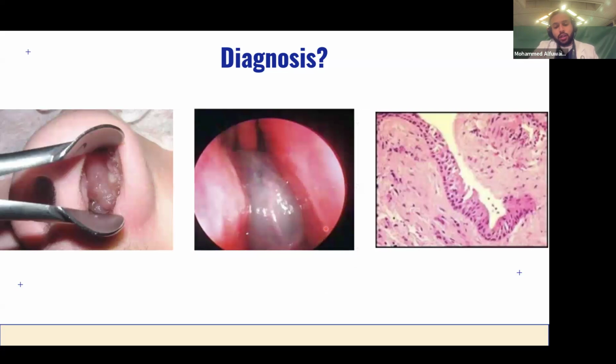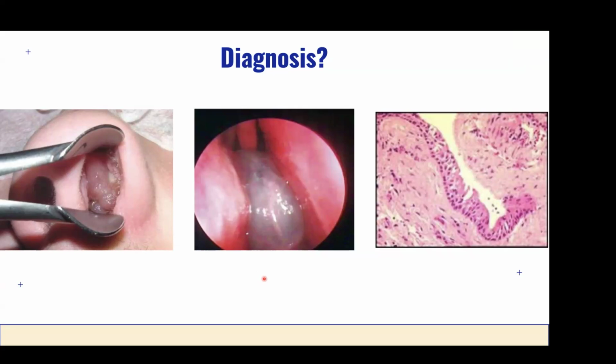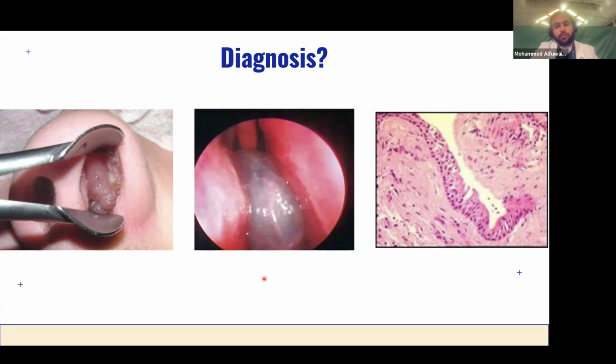Okay? Then we have over here, we look inside the nose and we see this mass that is fibrovascular. What is this? Adenoma? No, not adenoma. Polyp? Polypus, good. So polyp. Now, polypus rhinitis is usually because of polyps, okay? And ignore these two, but anyways, usually because of polyps.